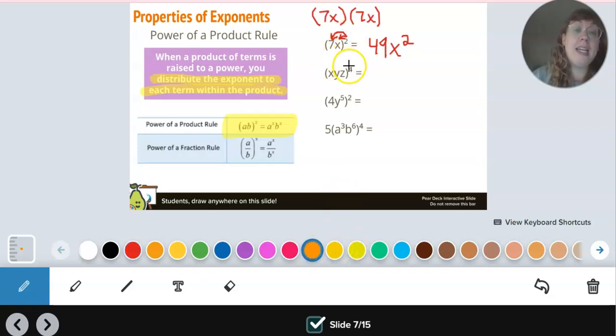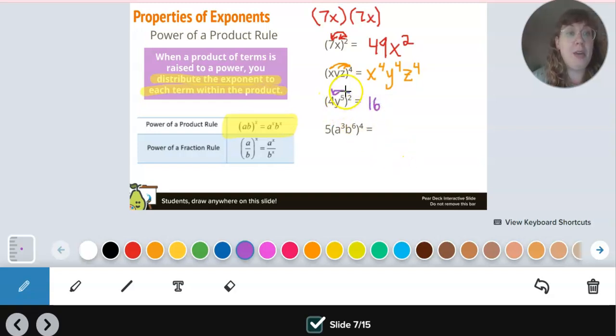For the next one, we have x, y, z all raised to the 4th power, so we need to distribute that exponent. So we have an x to the 4th, y to the 4th, z to the 4th. For number 3, we have a 4 squared, which is 16, 4 times 4.